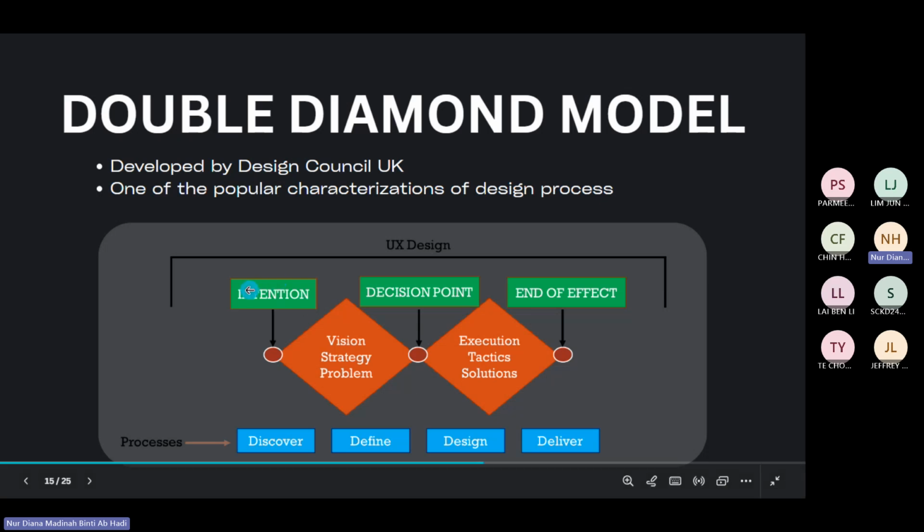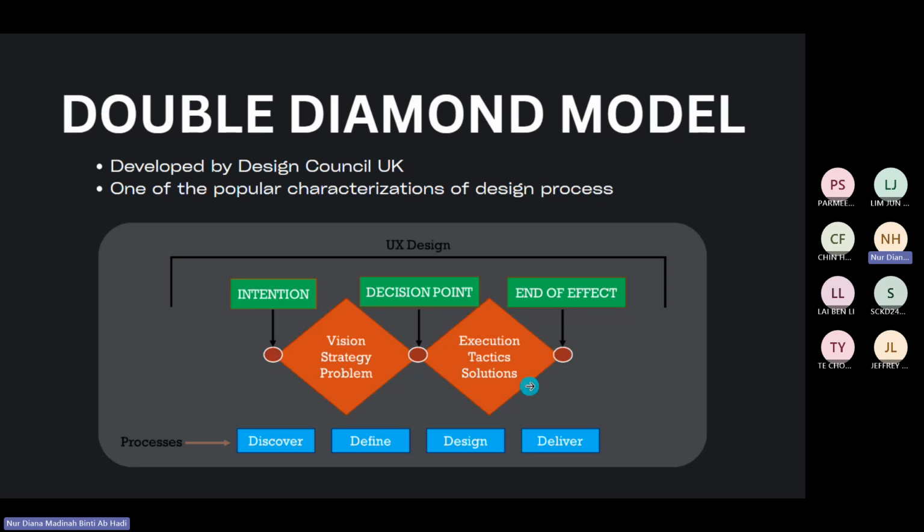So intentional, you need to have an intention. From the intention, you will produce visions and strategies to cover your problem. Once you have all of this information, you will make a decision. When you already decide, only then can you design. Design what? The way you execute. What will be the tactics?